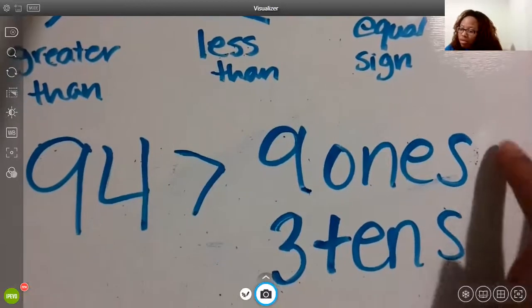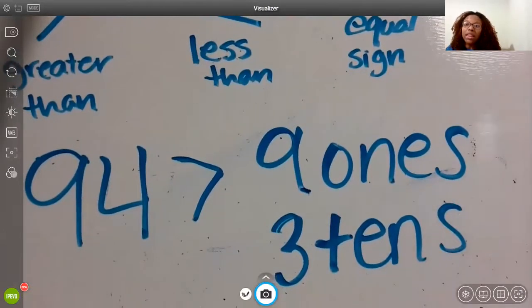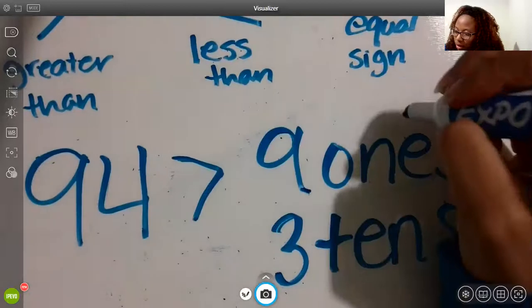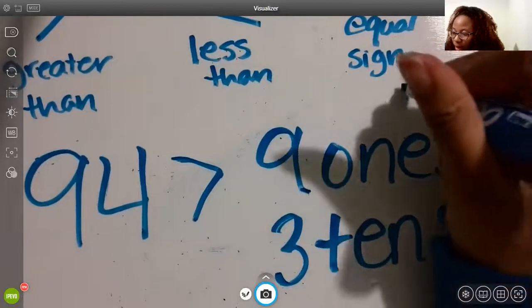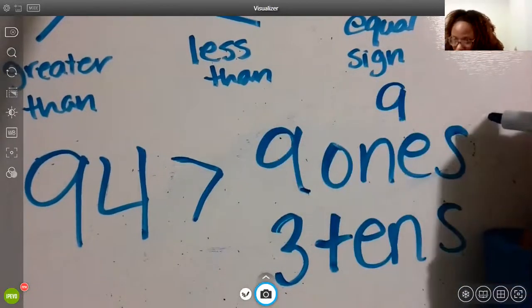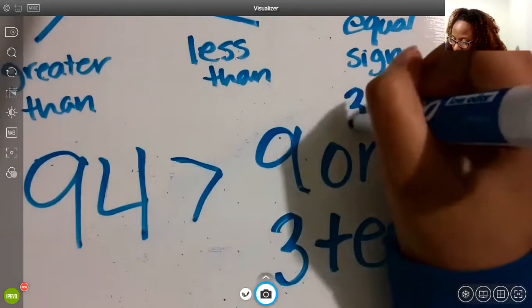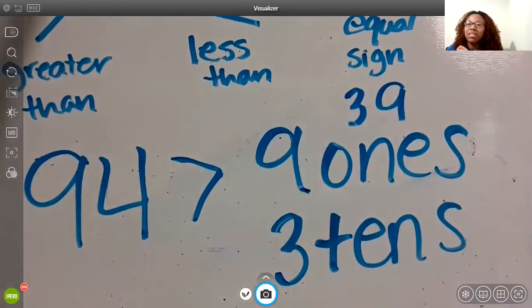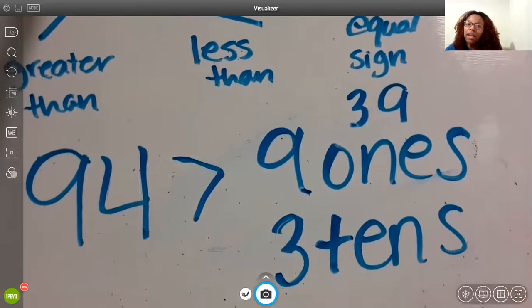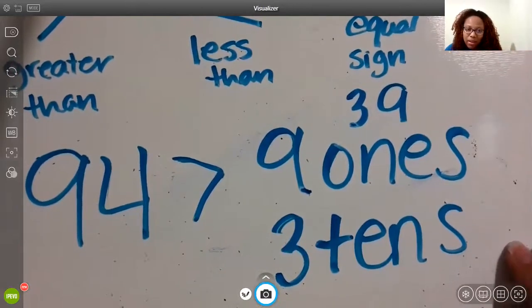Because let's look at this one very closely. This says 9 ones. So if I have 9 ones, that would go here. And if I have 3 tens, that will go in my tens place. So that means this number is actually 39. So is 94 greater than 39?